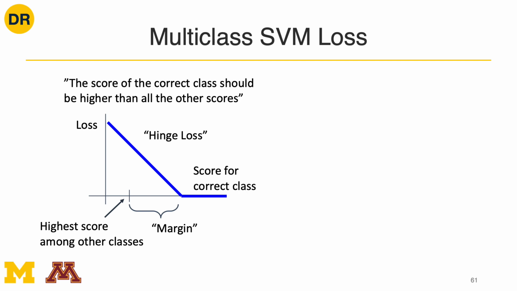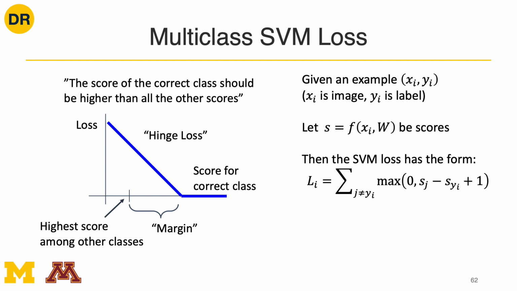Writing that out mathematically, here's the approach that we'll use for actually implementing this loss function. Let's say that we're given an example image, so we have x sub i and y sub i. Our scores are once again defined as s being equal to the output of this function f. The SVM loss then is the third equation on the right-hand side of the slide. The loss for this particular example i is the sum over all of the incorrect classes, so our sum is over all of the categories where j does not equal the correct class y sub i.